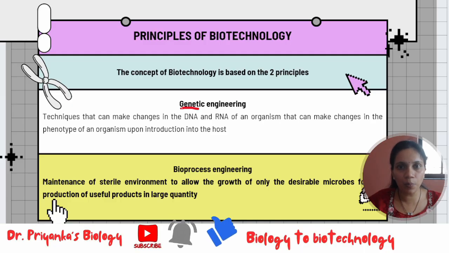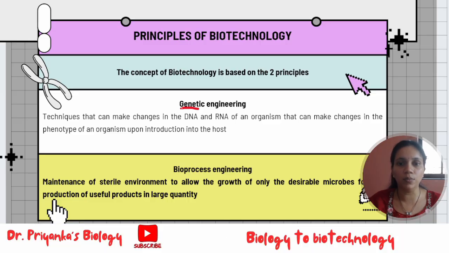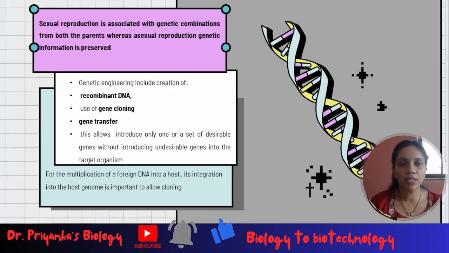So, the environment that is provided for the maintenance and growth of such desirable microorganisms, the processes involved in it, the processes which are involved in the production and for the purification of that particular product obtained from the organism, all these things will come under the bioprocess engineering. Which may include your downstream processes also. So now let's go into a little more detail.